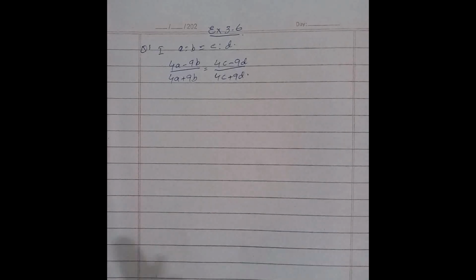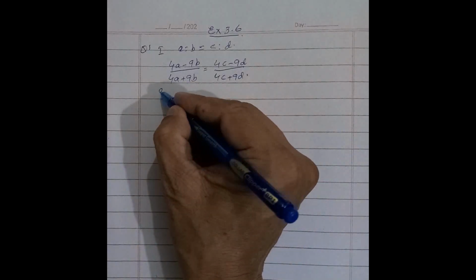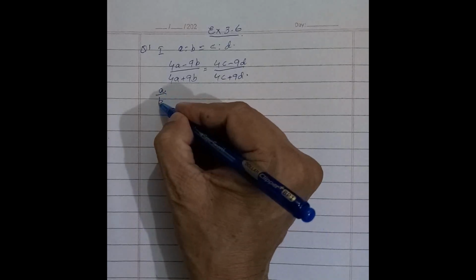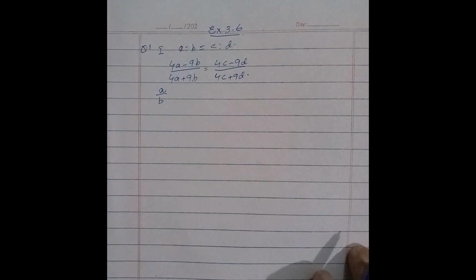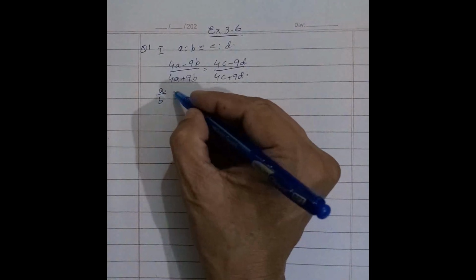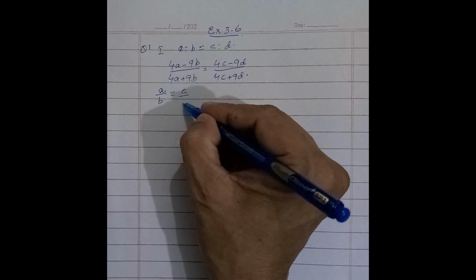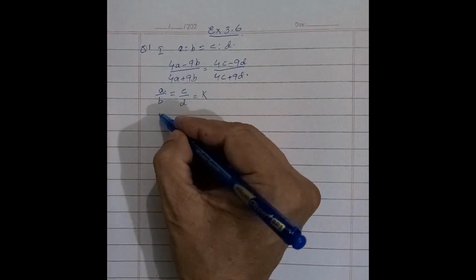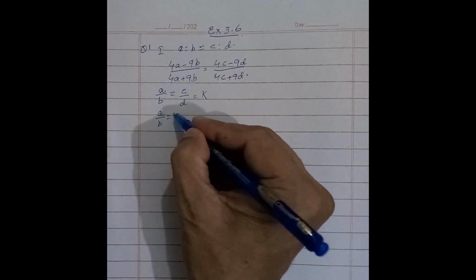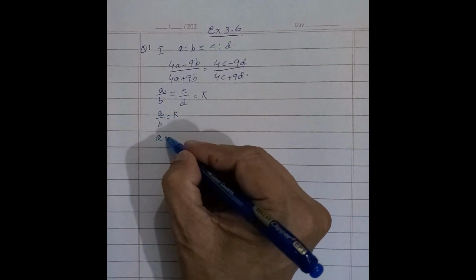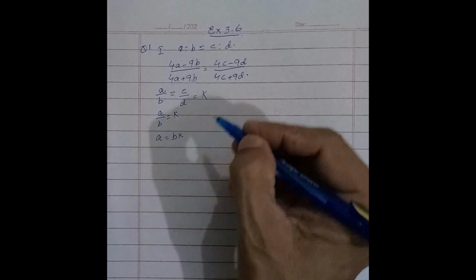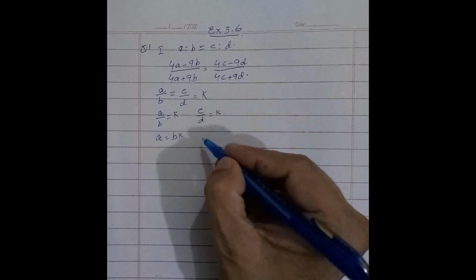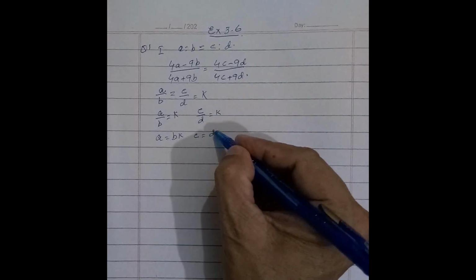In these questions we start with A over B. We put the ratio in fraction form, which is A over B is equal to C over D is equal to K, and also A over B is equal to K, so A is equal to BK. On the other hand, C over D is equal to K and C is equal to DK.